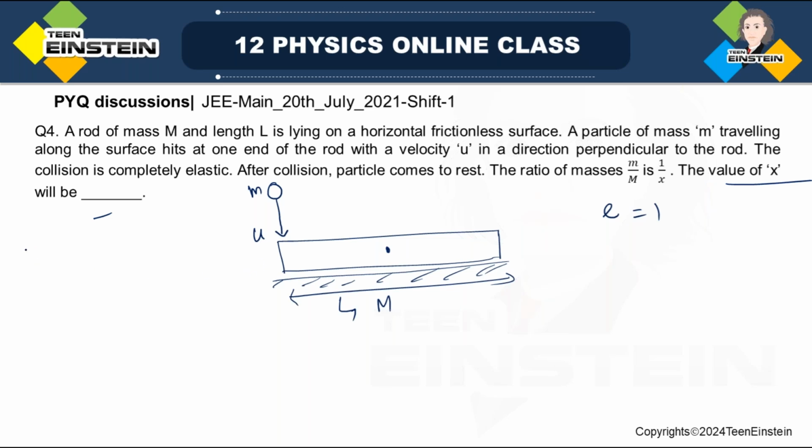So what we will do, first of all, see this particle is in motion initially, and there is no net force acting on this object. That means external force is 0.